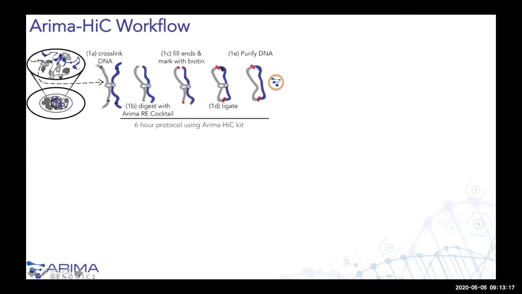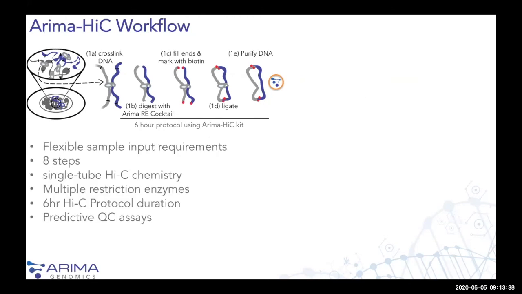So what you started with was 2 pieces of DNA that were just held together in 3-dimensional space, but not actually physically adjoined to each other, now end up cut and religated back to each other. And you have biotin marking the ligation junction point between those 2 pieces of DNA. And this is the most information-rich piece of this molecule where these 2 molecules ligated together. And then you just purify that DNA and you do a quality control checkpoint that we've built into the technology here that is predictive of the quality of the final sequencing data. So it's an experimental predictor of success. Now, I think I've gone through here the sample input requirements.